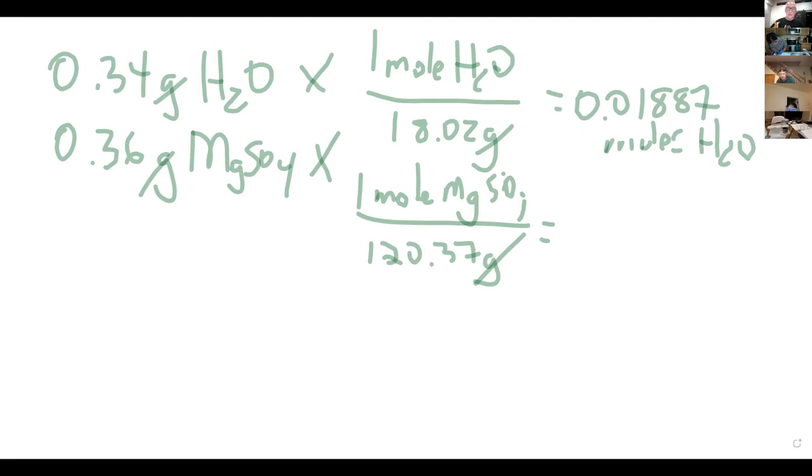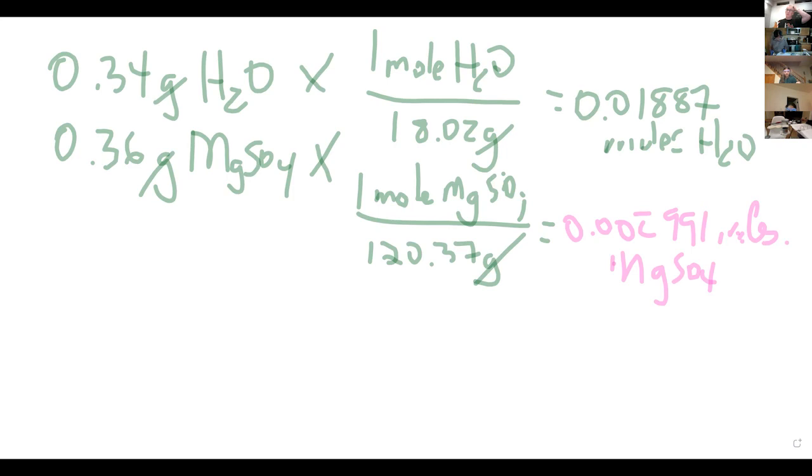Now, what about my moles of magnesium sulfate? It's going to be embarrassing if I got a really crappy number. 0.002991 moles of magnesium sulfate.